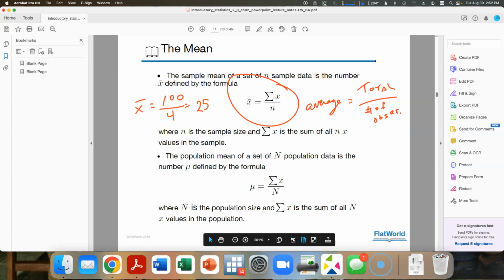It's just that we're going from sample to population, where now we're saying that the mean of the population data is equal to the ratio of the sum of all the values in the population over the entire population size. The structure between these two formulas obviously has a similar structure. All we're changing is going from sample to total.